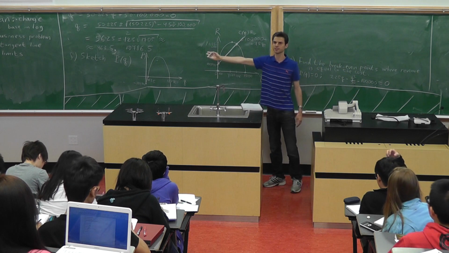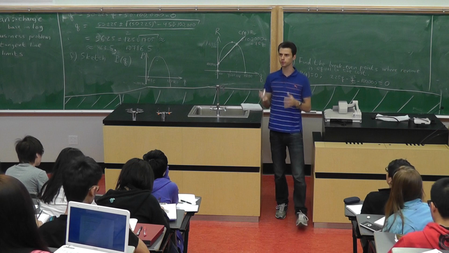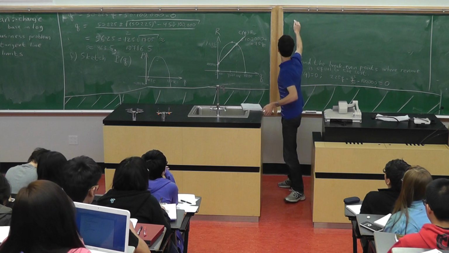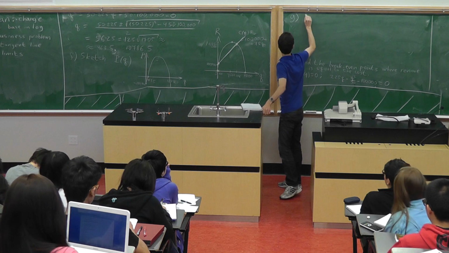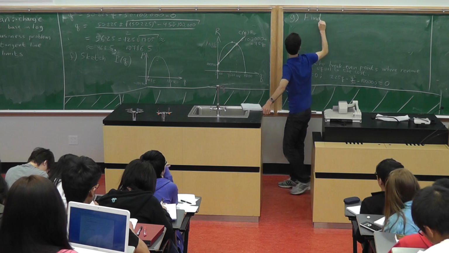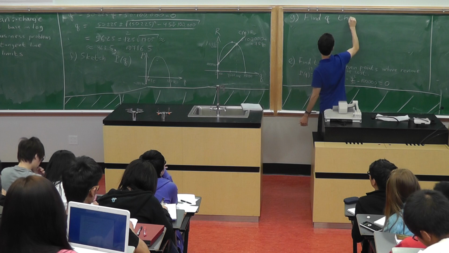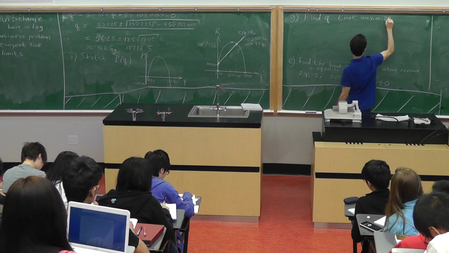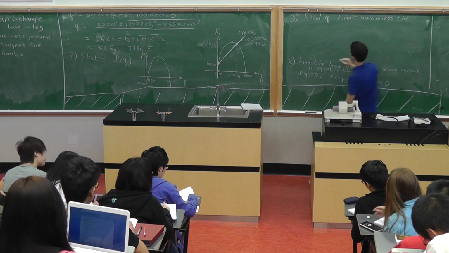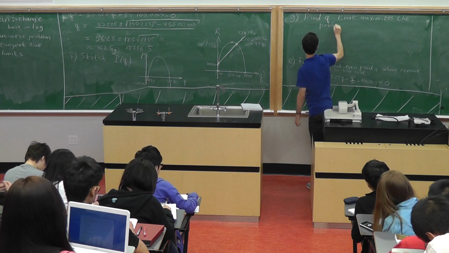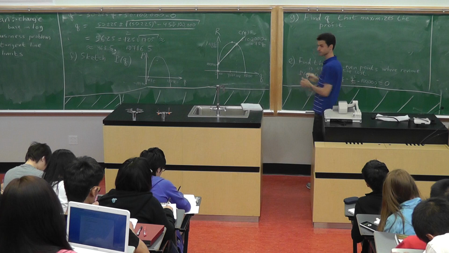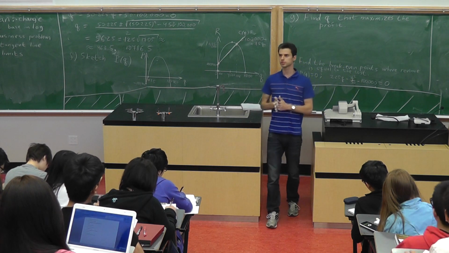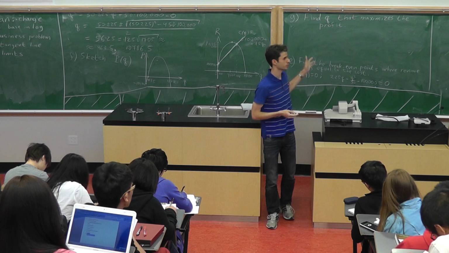Okay, finally, the heart of the problem. We want to solve the problem of how to maximize the profit. So, part G, find the quantity that maximizes profit. So how do we go about this?